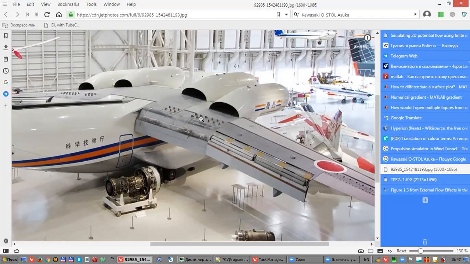That one constantly changes curvature, but without slots. But this section has a lot of slots, maybe four slots. A very interesting configuration. So what about the vortex generator? I need to do a small sketch.